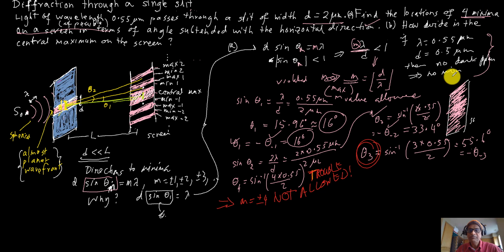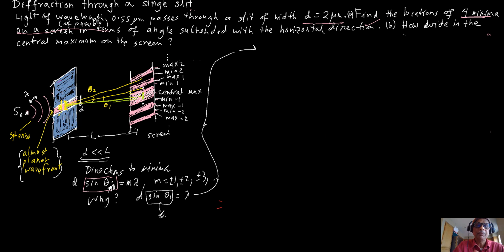All right. Let's answer how wide is the central maximum. Okay. So when we want to do B, we have this is the central maximum. So this is the one we're looking at.